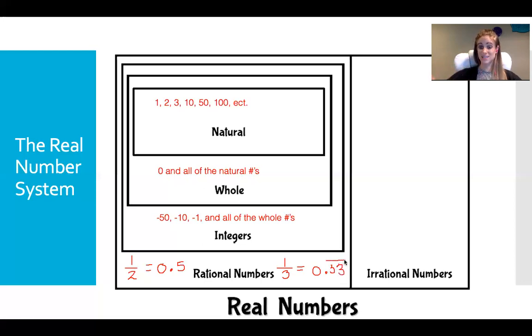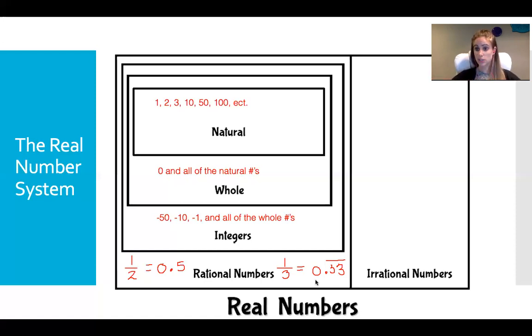It's 3, 3, 3, 3, 3 forever and ever, to infinity and beyond. So those are the two forms of decimals that are rational numbers: ones that terminate, like 0 and 5/10, and ones that repeat, like 1/3 as a decimal, 0 and 3 repeating.